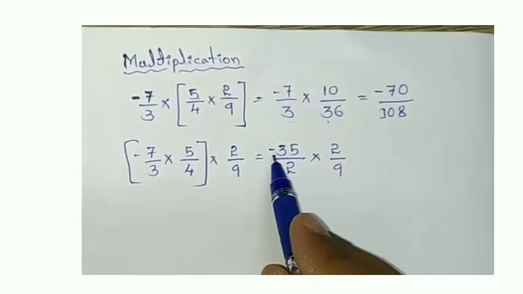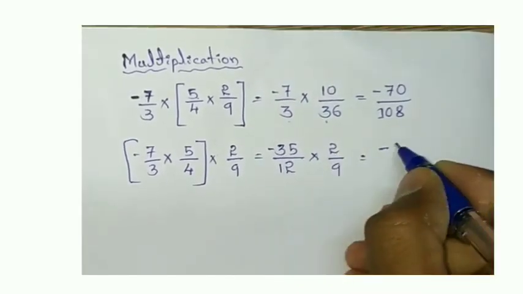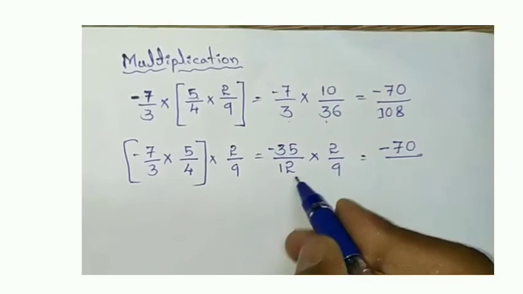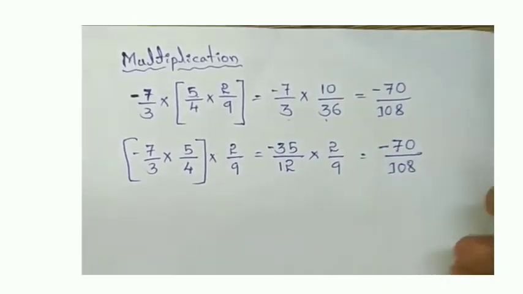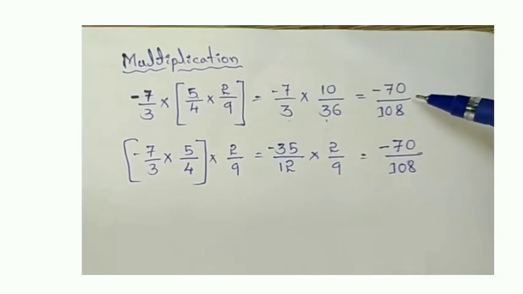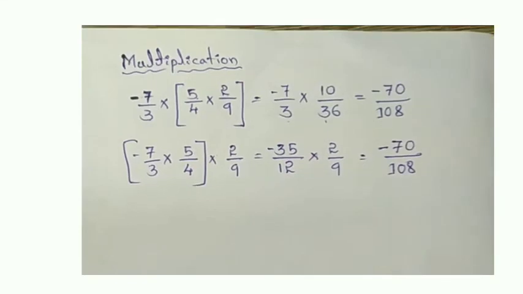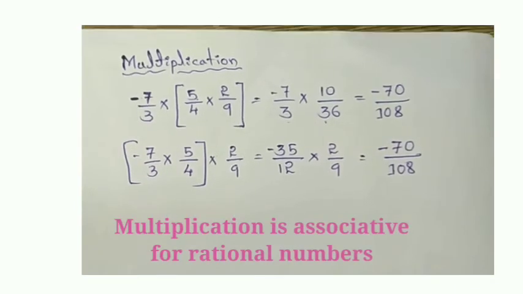Minus 35 into 2 will give 70 divided by 12 into 9, 12 9s are 108. So we got the same answers for both calculations. That's why we can say multiplication is associative for rational numbers.